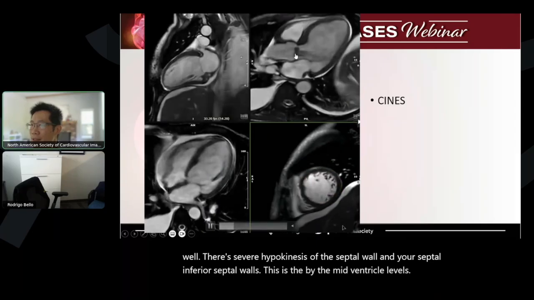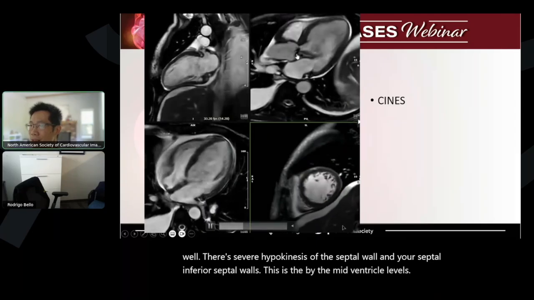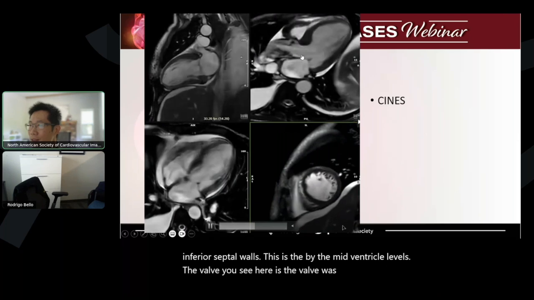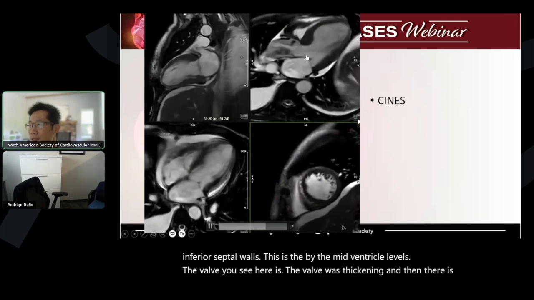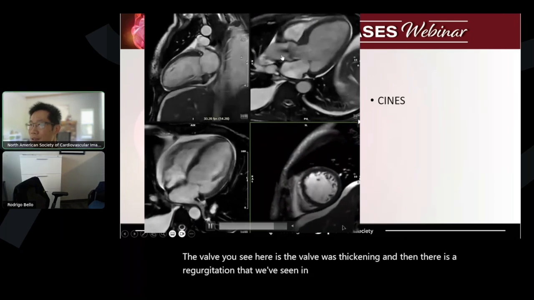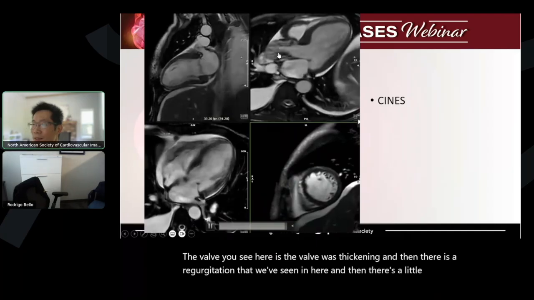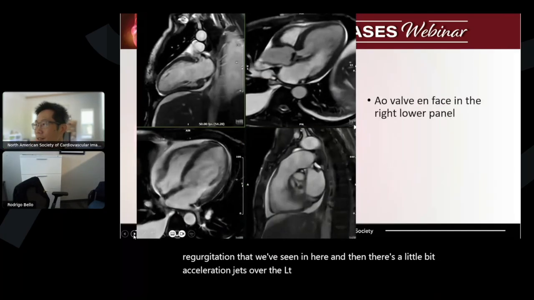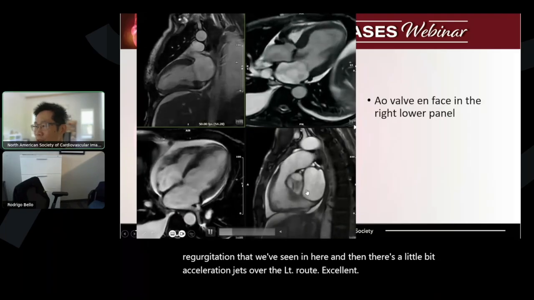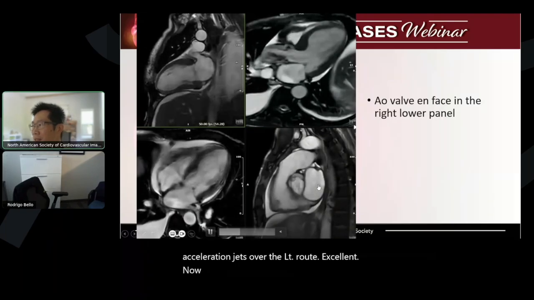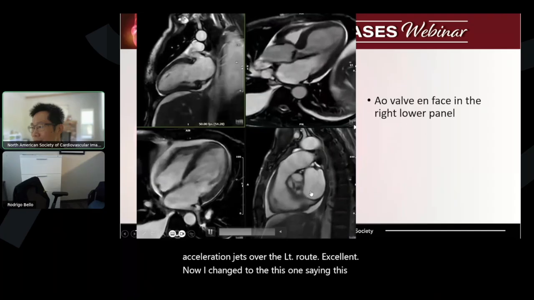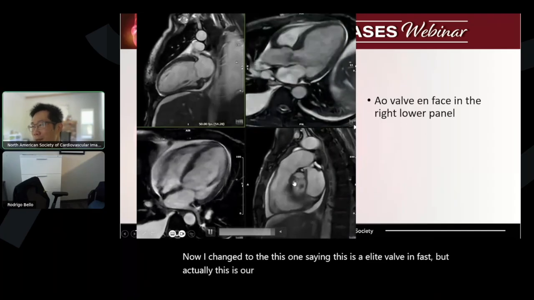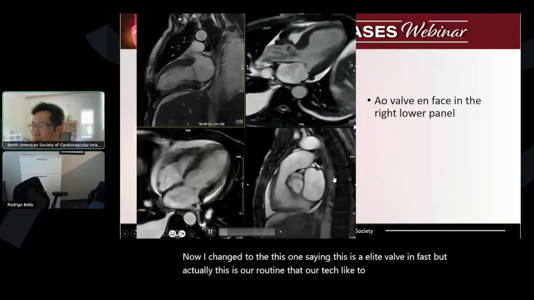For the valve, you see here valvular thickening, and there is a regurgitation that we've seen here, and a little bit of an acceleration jet over the LV outflow root. Excellent. Now, I changed to this one saying this is a left-sided valve view, but actually this is our routine that our techs like to do RVLT for most of the cases.